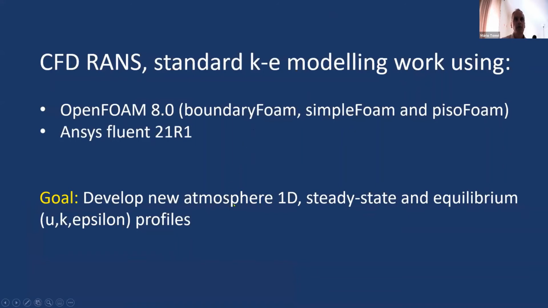So the goal is to obtain the very simple profiles for 1D, one-dimensional, the vertical direction of the wind profile in the atmosphere. And also for the simplest case, which is the neutral atmosphere, and for steady state, using the standard kappa epsilon model.